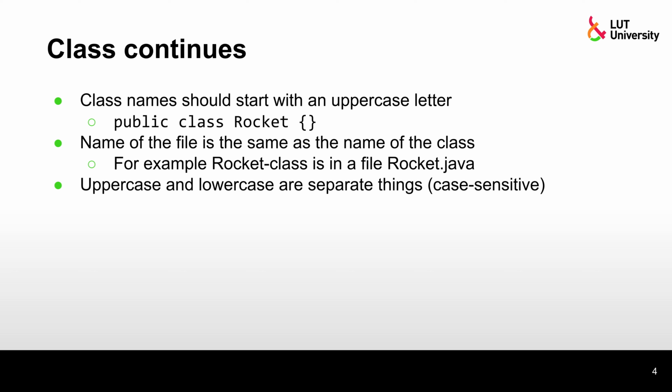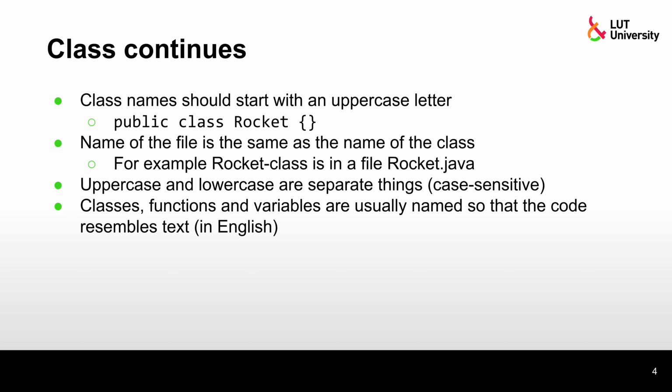And of course, when we are talking about C, C++, Python, Java, uppercase and lowercase are separate things. So these languages are case sensitive, so you cannot have rocket.java with a lowercase letter r. It should be with an uppercase letter.